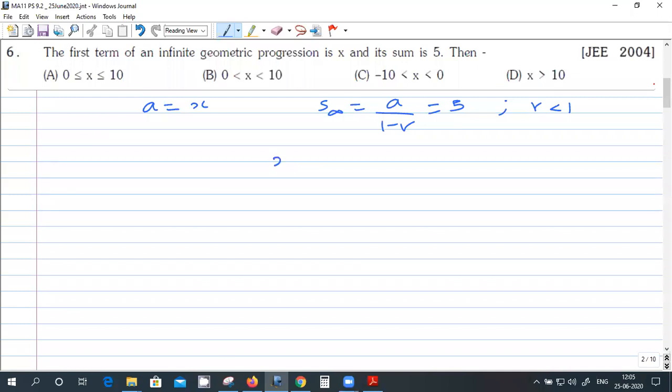So this means x is equal to 5 into 1 minus R. So you have to find the range of x.